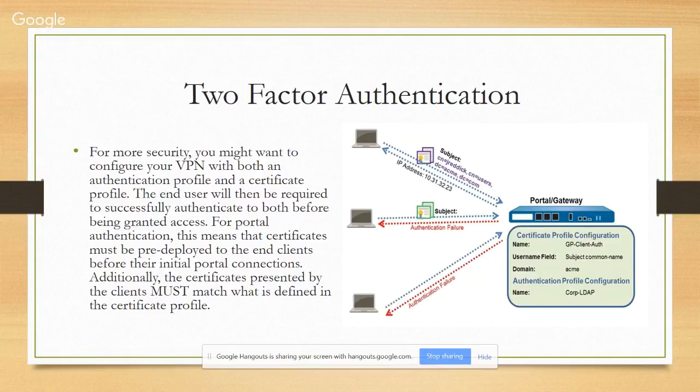For portal authentication, this means that certificates must be pre-deployed to all the end clients before their initial portal connection. Also, the certificates presented by the client must match whatever is defined in the profile. And this is the picture that shows what happens when it's not matching, and it sends back the authentication failure.